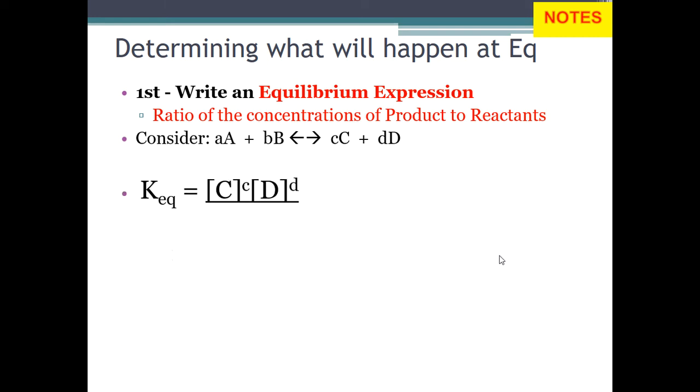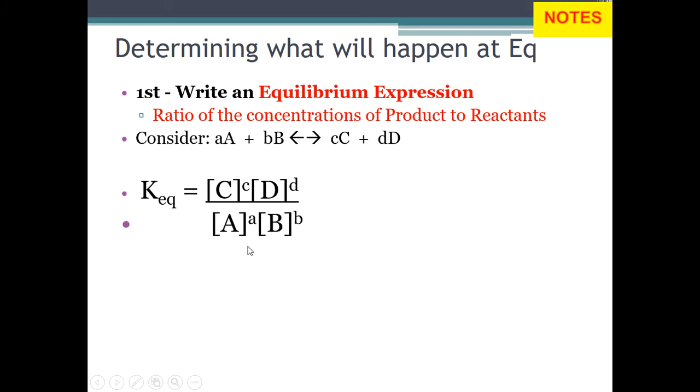As you write that down, this is what we turn into an equilibrium expression called a KEQ, a constant at equilibrium. What we do, of course, is put the products on top. The brackets mean a concentration of each chemical, and then the coefficients become powers, exponents.